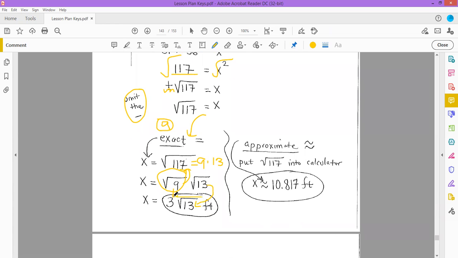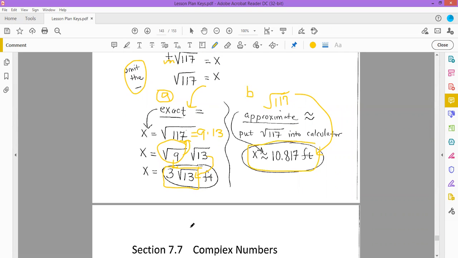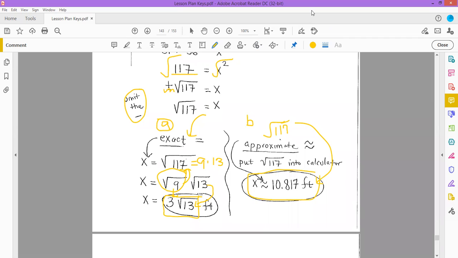The exact answer is 3 times the square root of 13. For part B, the approximate answer, we would punch in the square root of 117 in our calculators and round 3 places after the decimal point. You should get 10.817. All right, so we'll stop here at the last example.